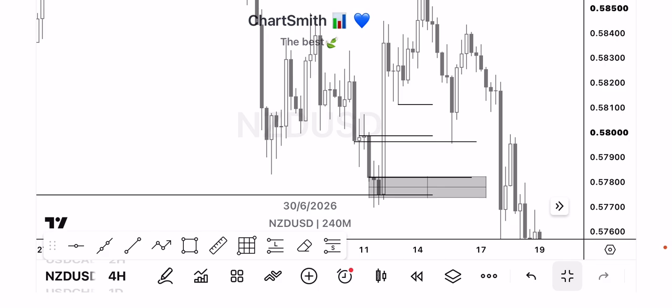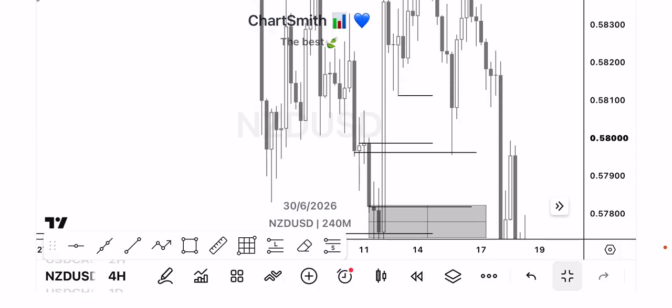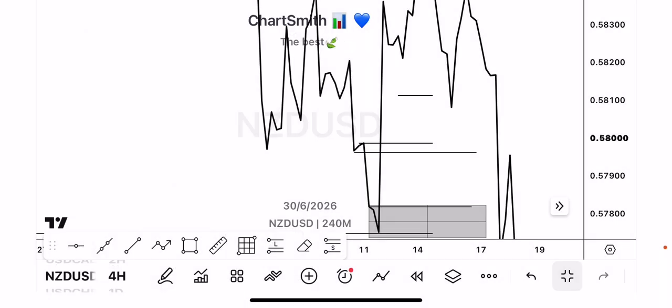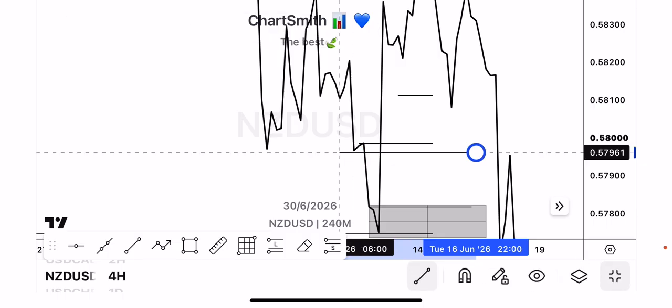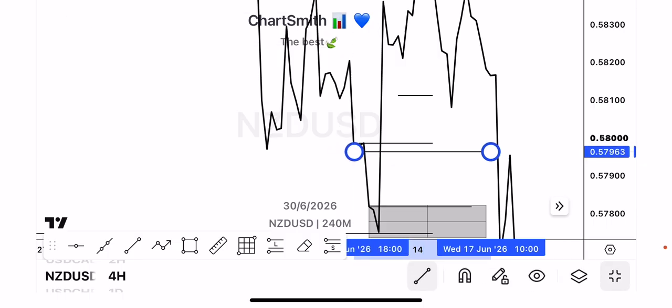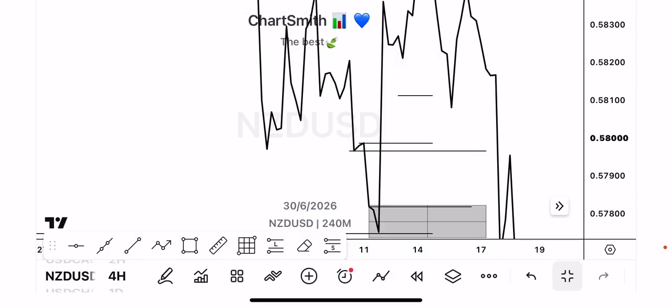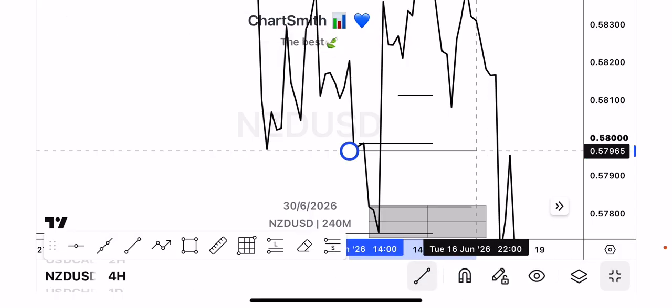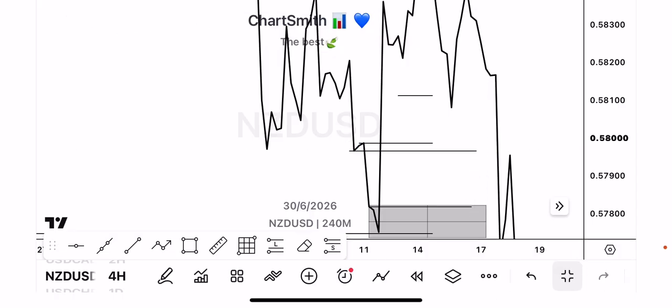That was why we did not take our entry from the RBS, but instead we made use of this V-shaped key level. Some people may also call it a QML level. All the same, it still means the same thing. That was why we made use of that V-shaped key level there.